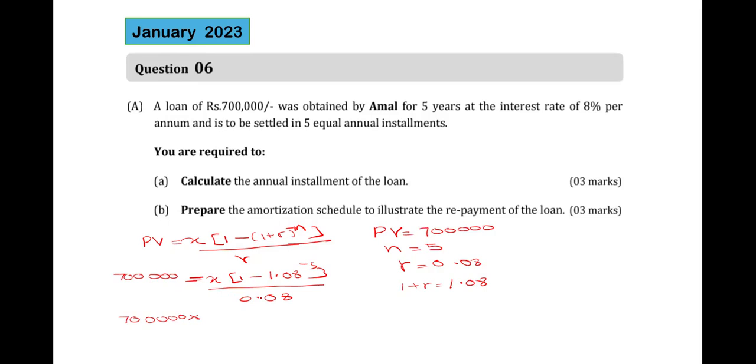Then there is division, it becomes multiplication, 0.08. Then the numerator value goes to the left hand side, it becomes division. 1 minus 1.08 to the power minus 5. Close the bracket and equals. Now we can find the x value.